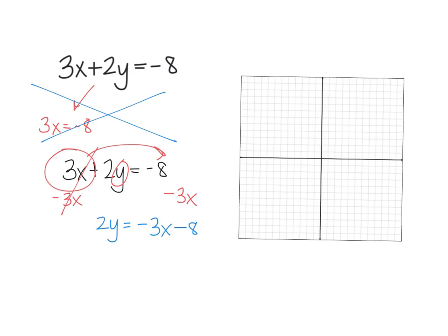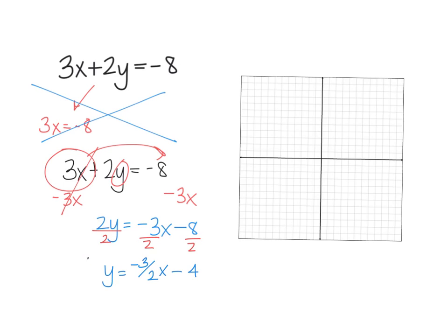I write it in that order so that it reads mx plus b. If I said it the other way, the x wouldn't be where it needs to be. I want it to be the first part there. Then I've got one more step to get y by itself, and that's to divide every single thing. So I'm left with y equals negative 3 over 2x minus 4.